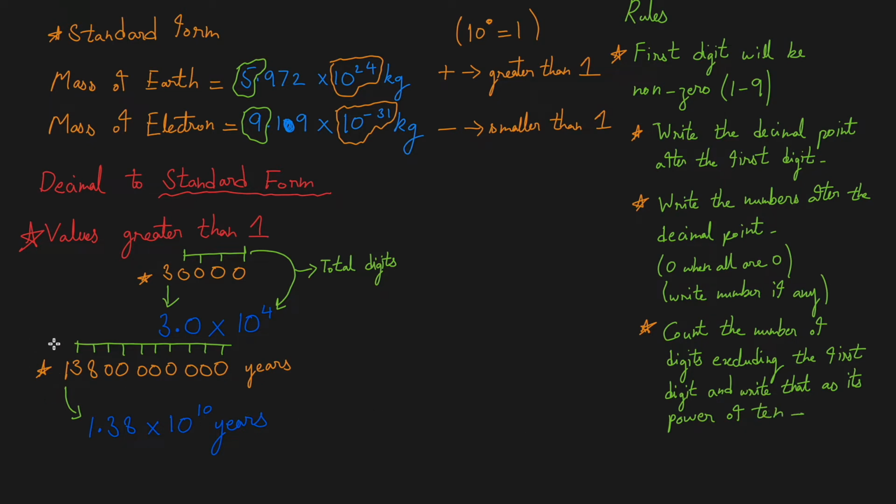I'll explain it to you through arrows here. One as it is, then we will use the decimal point here, and then we have these values here, then we will use the multiplication sign, and then 10 to the power. This means we will leave the 1 here, the first digit, and we will count the total number of digits, and these digits will act as the power of 10.